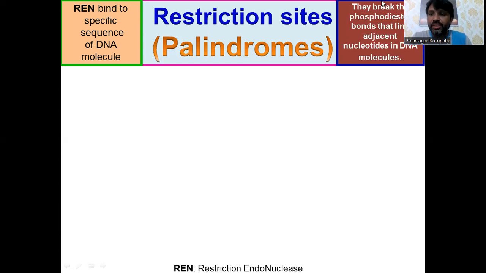You see, once restriction endonucleases bind to the restriction site, they break down the phosphodiester bond that links the adjacent nucleotides in a DNA molecule, within the restriction site.